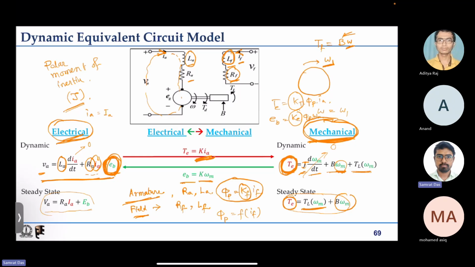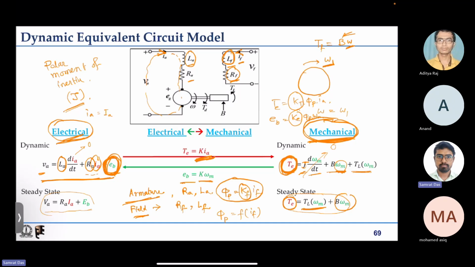So Ke is another parameter that describes any motor. We need the information of all these parameters for a motor in order to know the dynamic equivalent circuit model. If we want to see the dynamics of that system, then we need all these parameters.